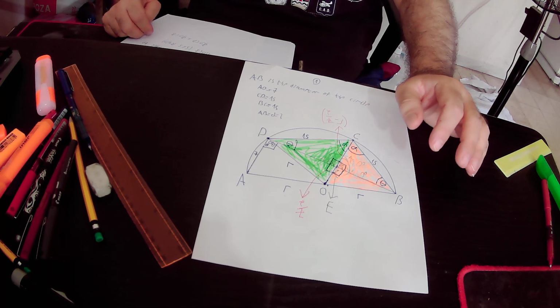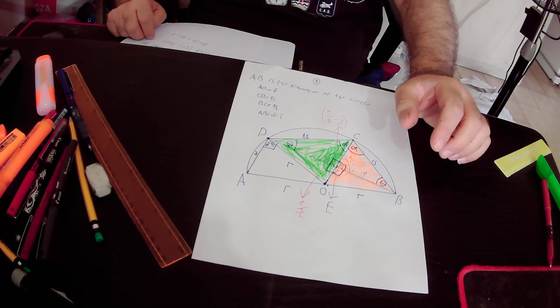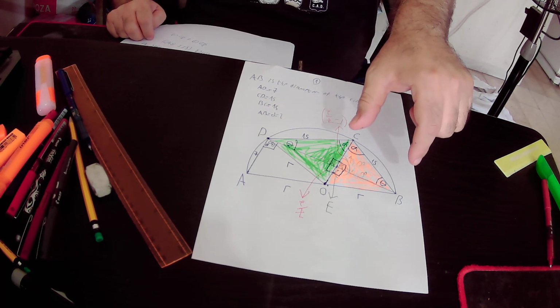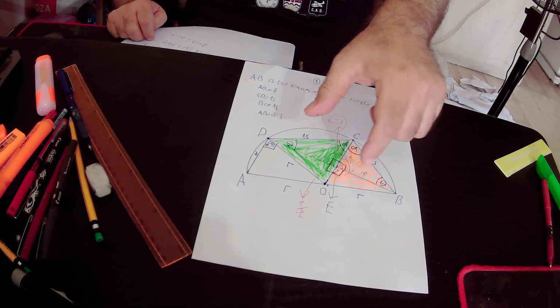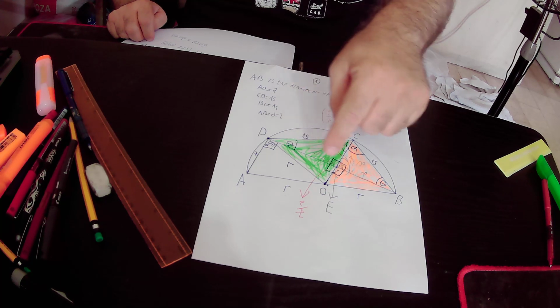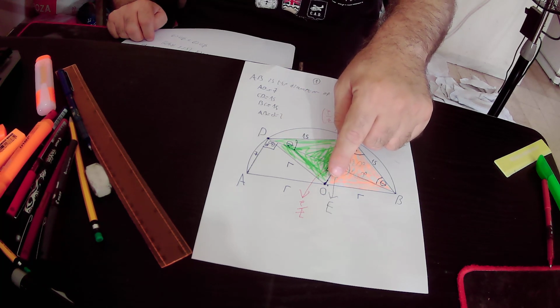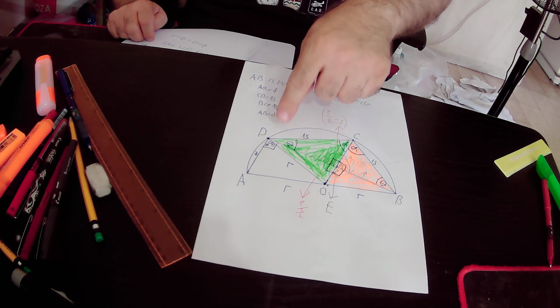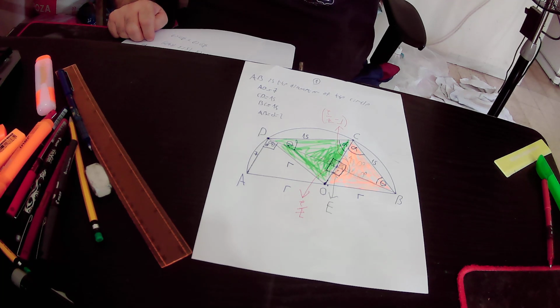We know that OD equals OB equals R. OD is the radius of the circle because it starts from the center of the circle and ends at point D, that is a point of the circle itself.